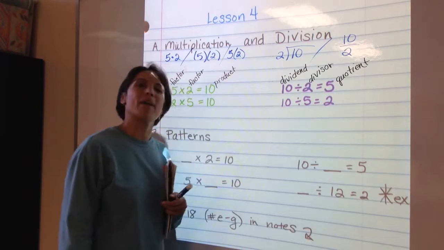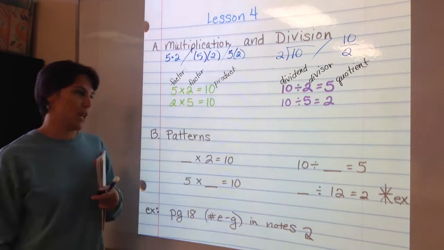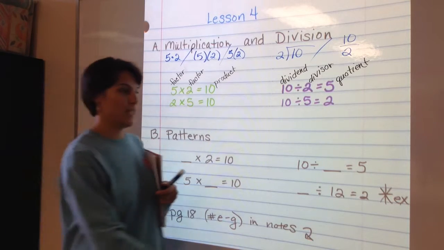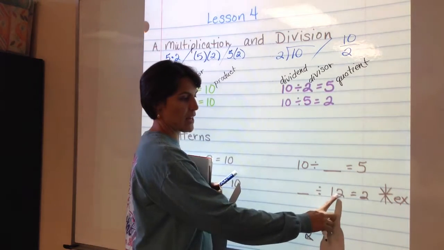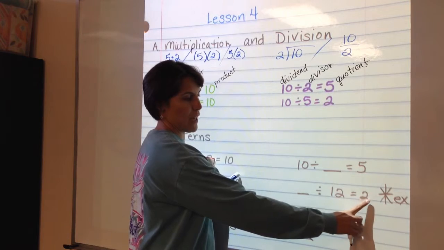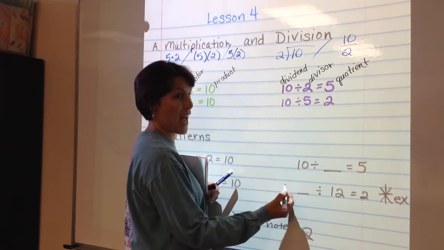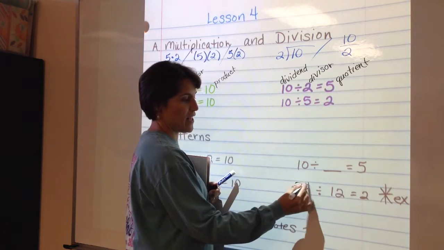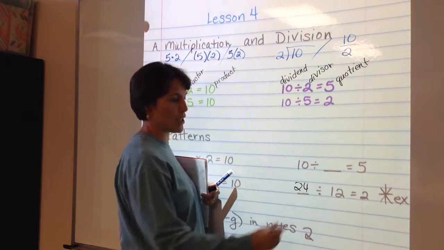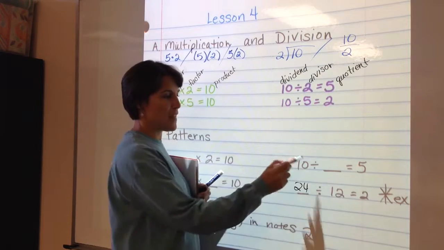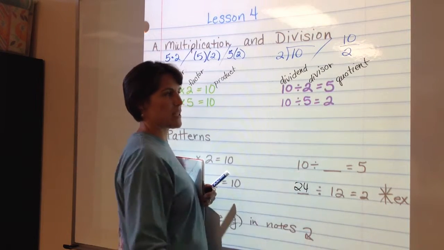So I'm wondering if I'm going to have to use an inverse operation. Instead of dividing by 12 to get 2, I could work backwards, do the inverse, and say 2 times 12 gives me 24. So yes, on this one I need the inverse operation because 24 divided by 12 gives me 2.